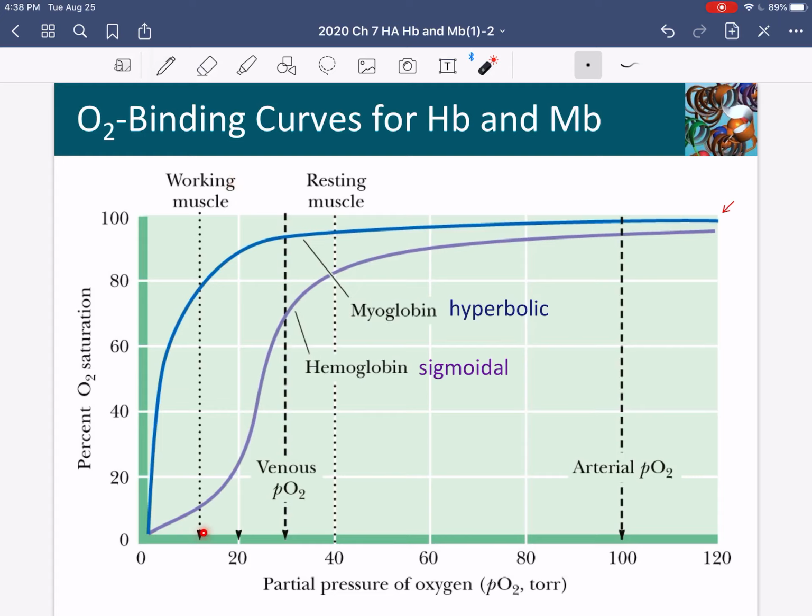And as you work your muscles more intensely, for example, in the gym or if you're in a fight or flight situation, you're running out of oxygen, and so you're going to very low oxygen concentrations, and under those extreme conditions, the myoglobin will give up the oxygen and help you out. So that's why it does let go at very low oxygen concentrations.